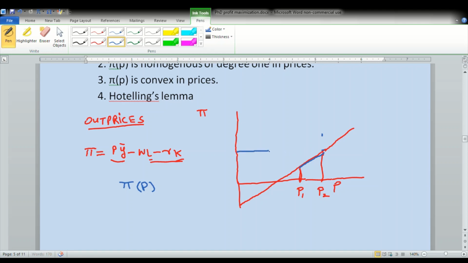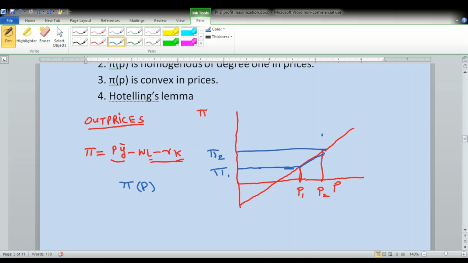You move from say profit equal to pi 1 to profit equal to pi 2. This is happening when you are not changing the output, and so you are not changing the inputs as well.